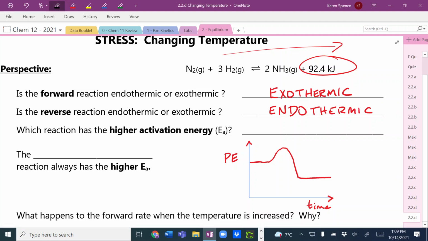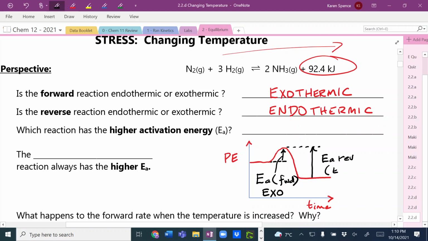Yes? And when I do that, now I can see, I don't have to visualize this in my head. I can see that my forward EA, which is my exothermic, is quite small. Whereas if I'm going from the products all the way up to the top, that's my EA for the reverse, which is the endo.